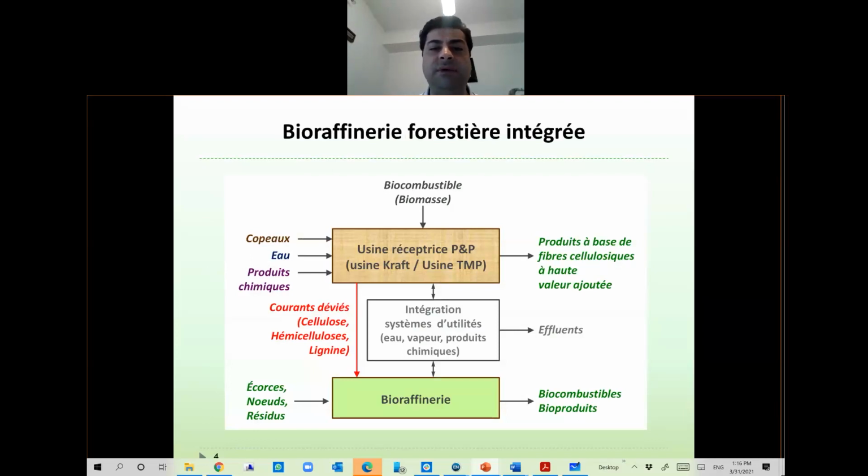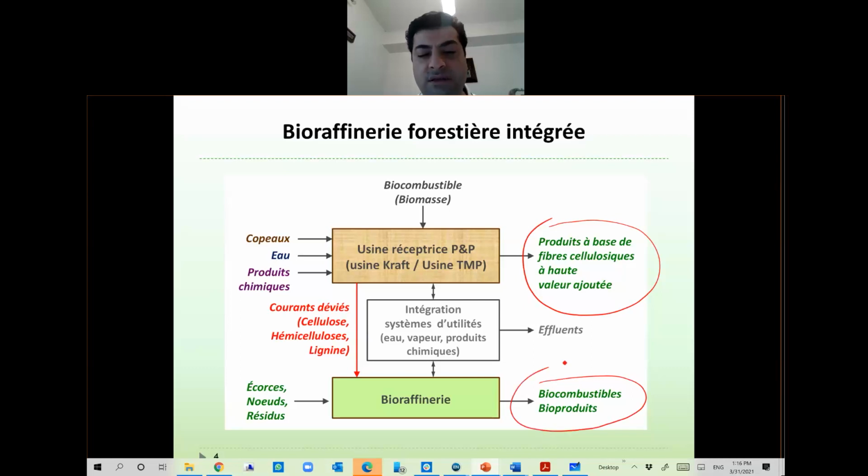Imagine that we have, for example, a pulp and paper process. In the pulp and paper process, we use wood chips, water, and chemical products, and you want to make cellulosic fibers or cellulosic products. Beside it, we want to make a biorefinery in order to make biofuels and bioproducts from lignocellulosic biomass.